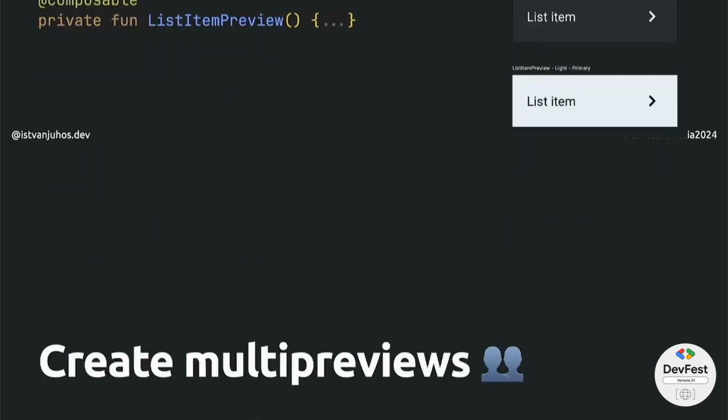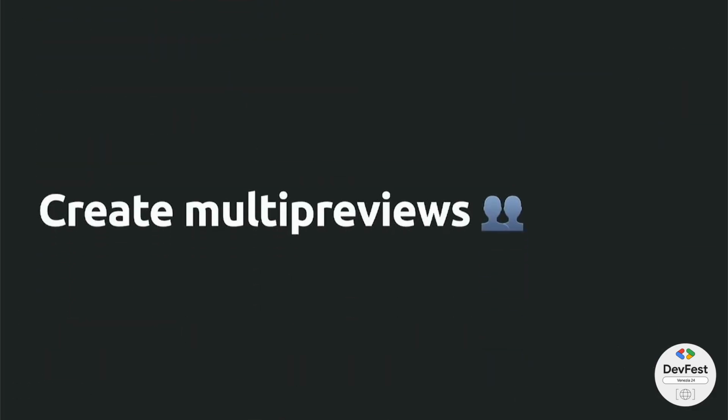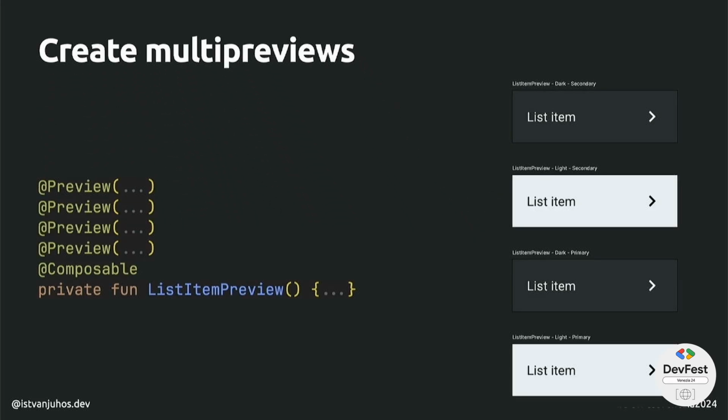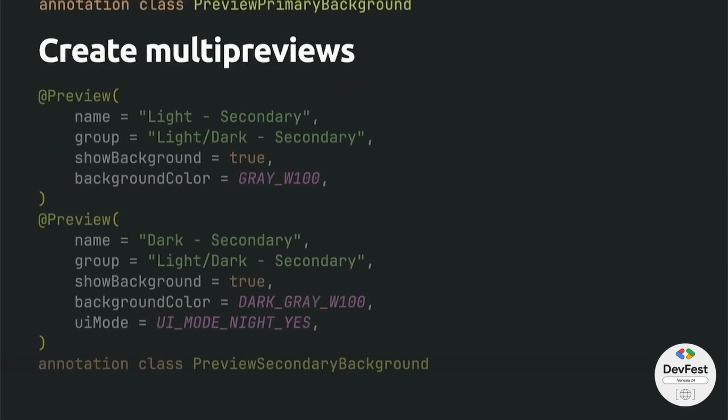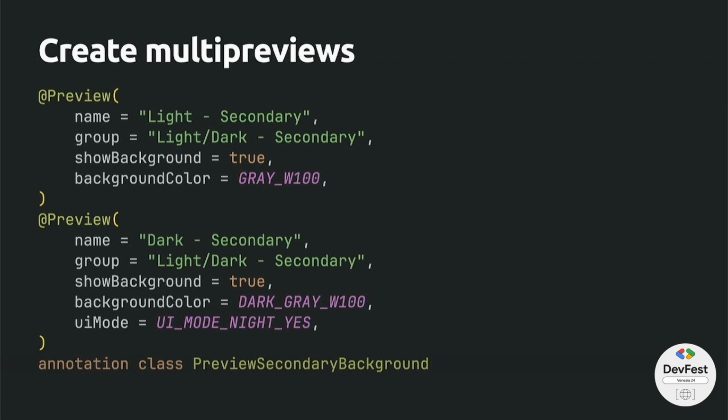Great thing. Speaking about multi-previews, that's where I got ahead of myself. We can combine these preview annotations into a more compact and more reusable form. Going back to our example, we now have four previews, and we could have much, much more. We have these primary ones. We have these secondary ones that we can actually compress. So we can compress the primary ones into an annotation by annotating another annotation with them, a new annotation class that we define.